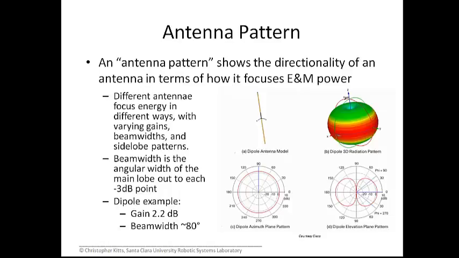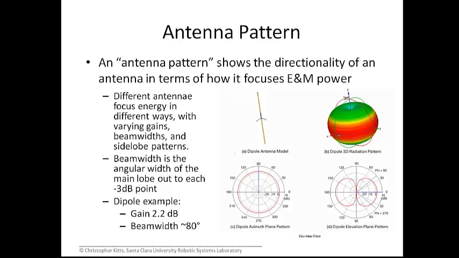So a couple terms, we often talk about the main lobe, which we've mentioned in the previous slide, and the idea of side lobes. With the main lobe, we are interested in the width of that main lobe, and we call that the beam width. What we do is we take the peak power level coming out of the main lobe, and we look to either side of it to see where it drops off by 3 decibels.